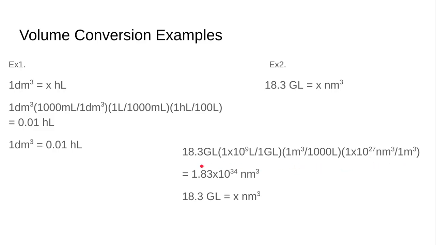Lastly, once we plug this all into the calculator, we get the result 1.83 times 10 to the 34th nanometers cubed. So, through dimensional analysis and volume conversion factors, we now know that 18.3 gigaliters is equal to 1.83 times 10 to the 34 nanometers cubed. That's all for this video.